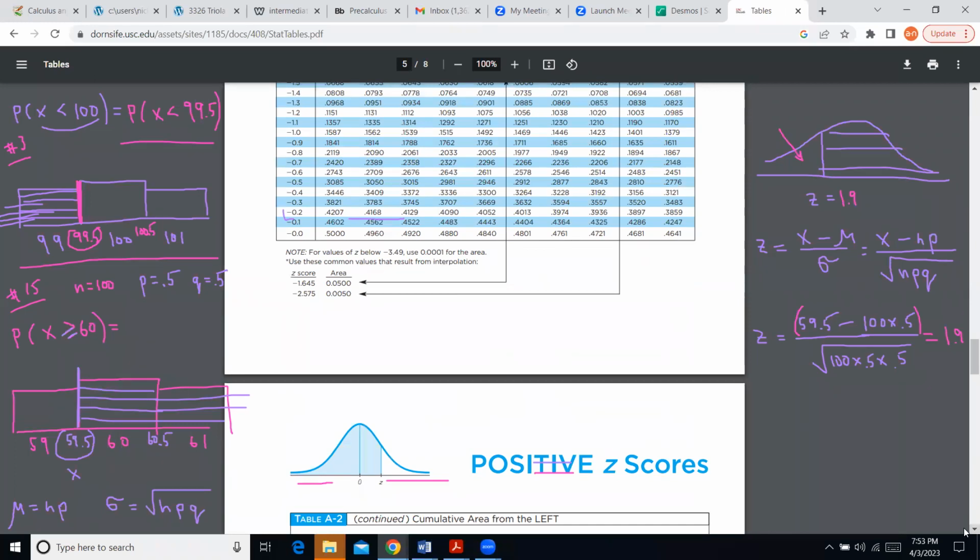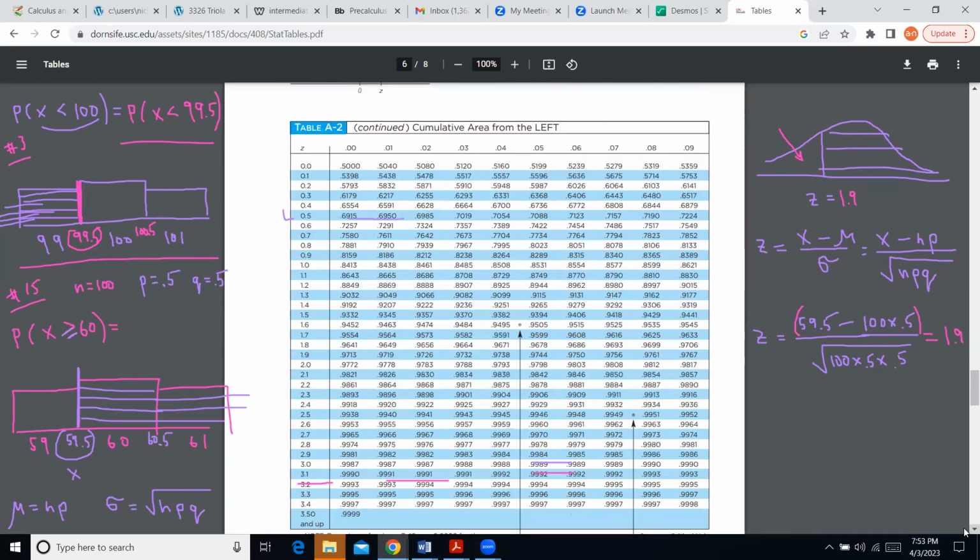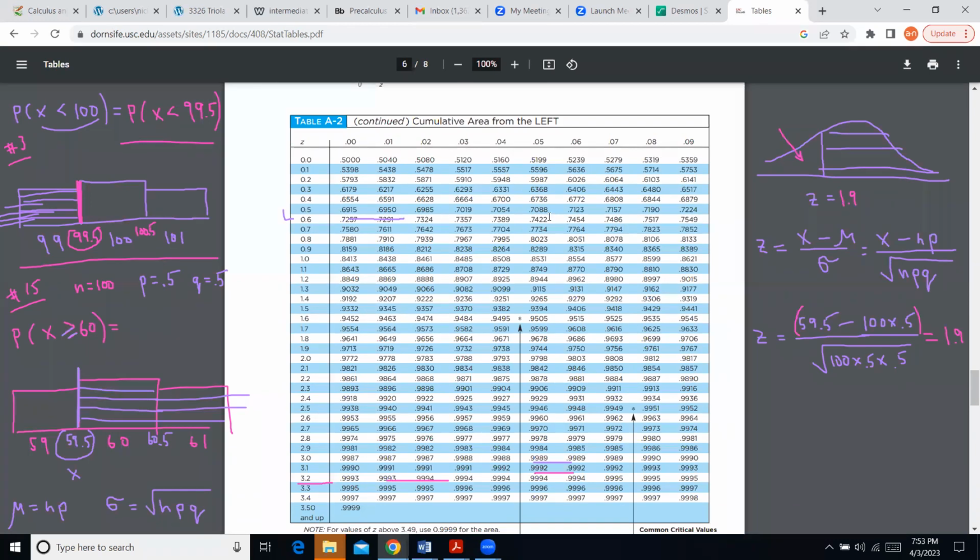So how do I get 1.9? Well, there are no hundredths, so I can say it's 1.90, or 00 hundredths. So it's the first column and the row next to 1.9. So I get 0.9713, and this is going to be my area from the left side.